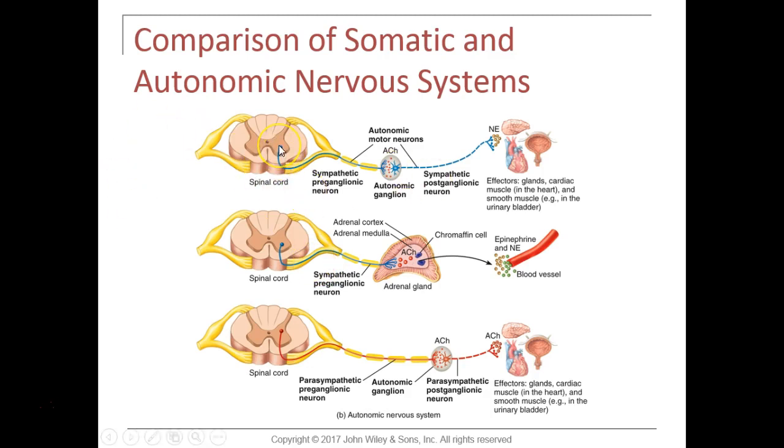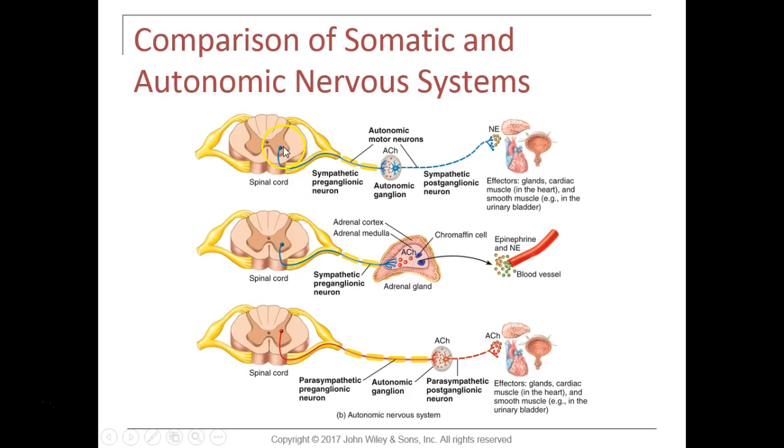First, both motor outputs are going to have a preganglionic neuron, which is the first neuron in succession. Its cell body is always embedded somewhere in the central nervous system. If the preganglionic neuron has its cell body embedded in the spinal cord in different regions, its cell body is always embedded in the lateral gray horn of the spinal cord.